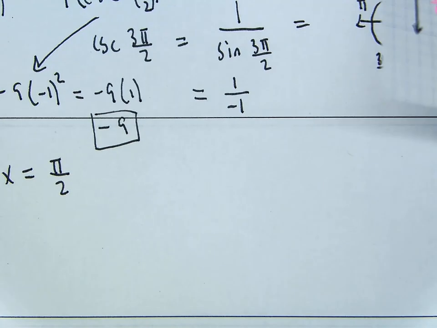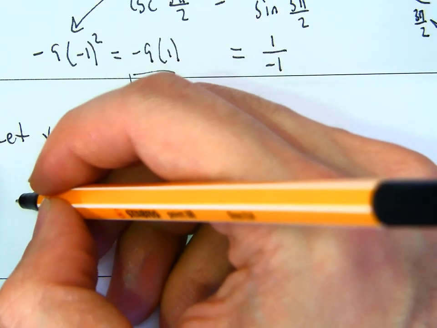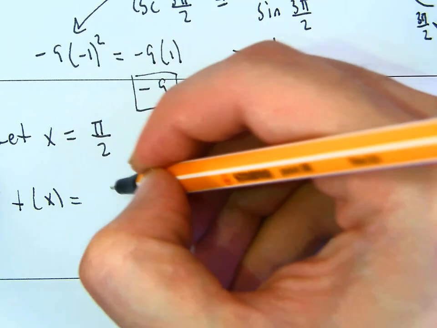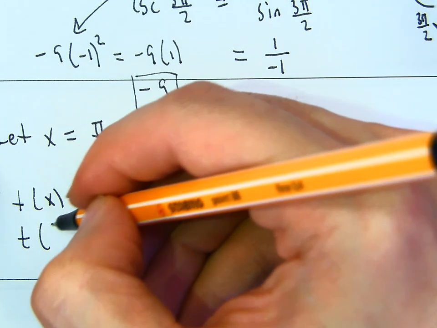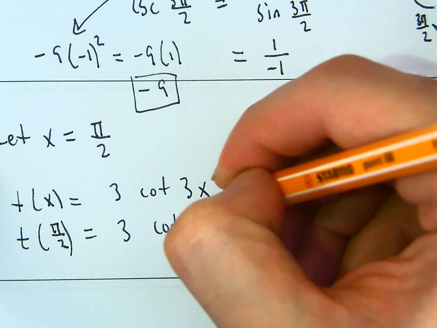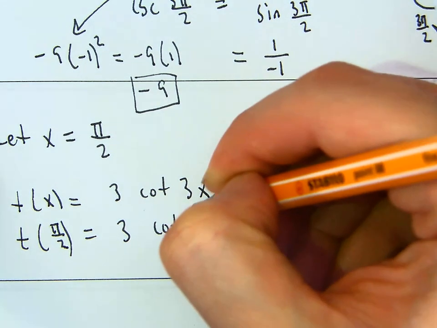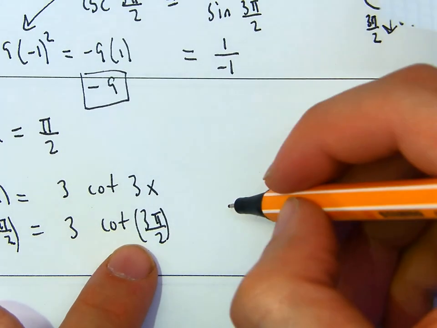Let's see. So t of x is equal to 3 cotangent 3x. So t of pi over 2 is equal to 3 times cotangent of 3 pi over 2. Now what is cotangent of 3 pi over 2?